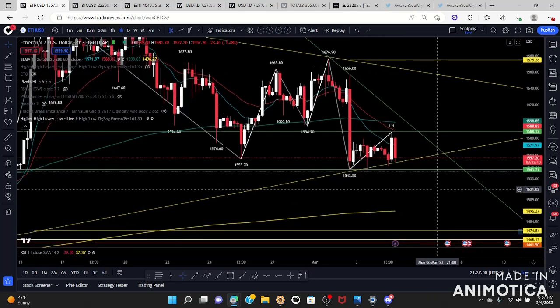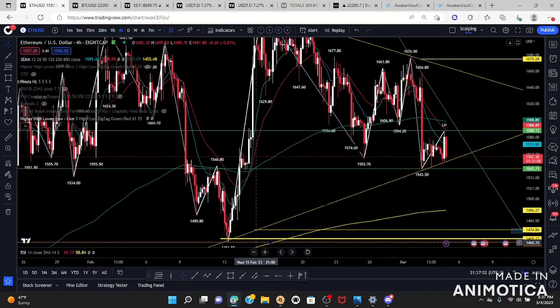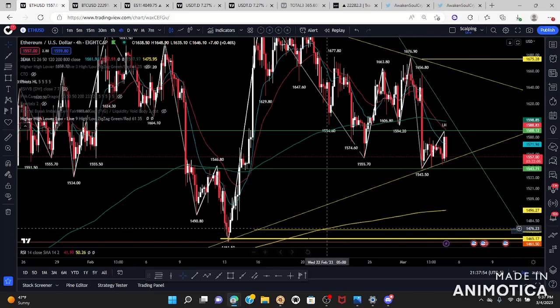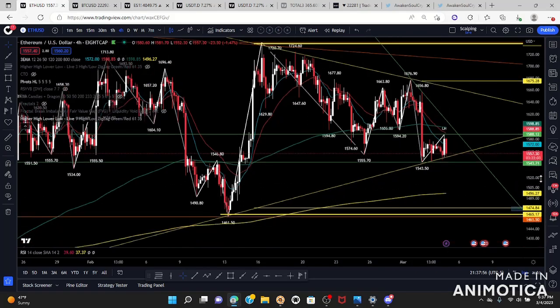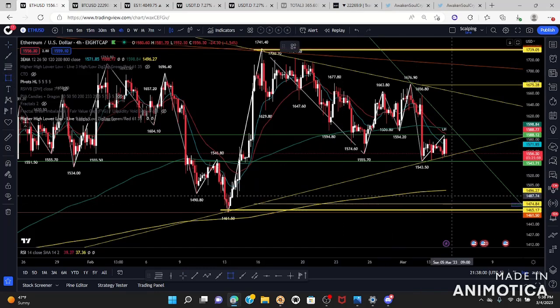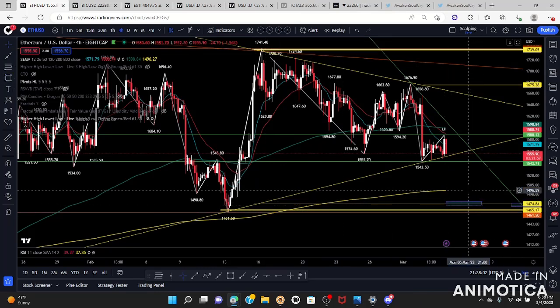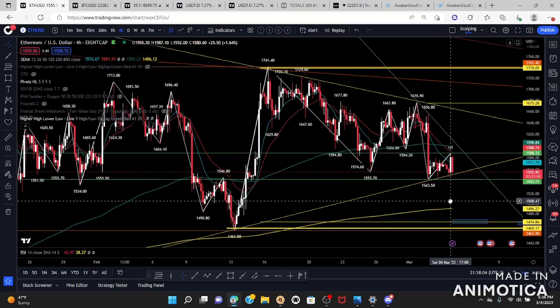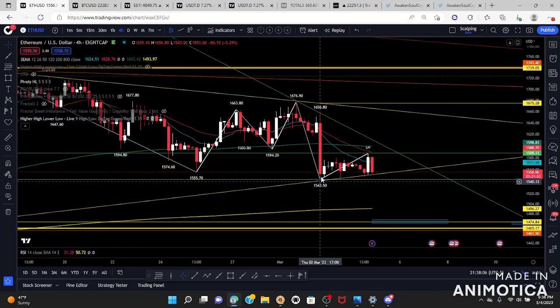So this is my 4-hour trend line, and my 4-hour support will be the same as my daily support. So this would be my target down here for the 4 hours too, if we cross this daily trend line. But let's say we went to the upside, this would be my lowest price action, right?